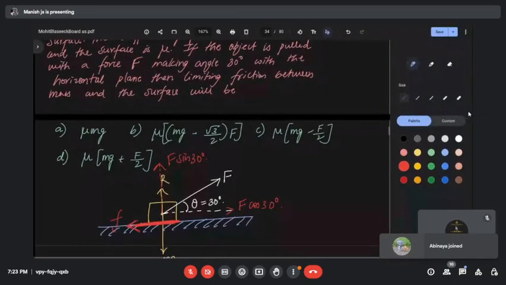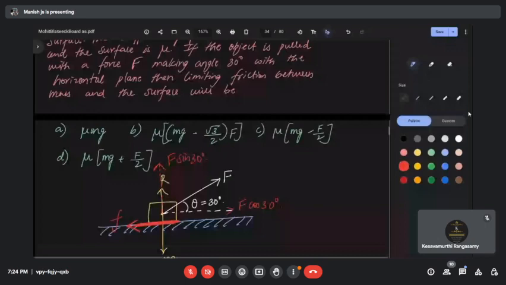Before we solve the question and find the value of the frictional force or limiting friction, start writing the equation. First, in the vertical plane, what are the forces?